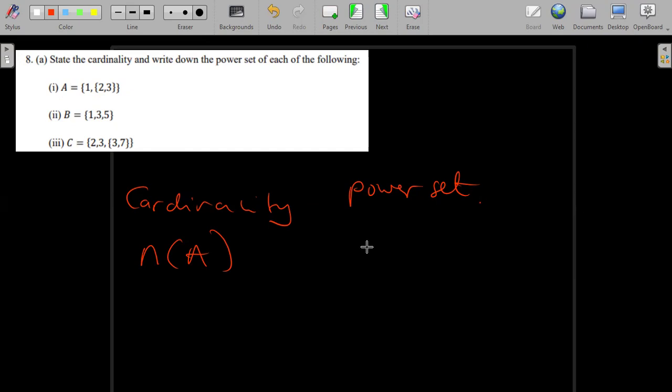And the power set of A is given by the formula 2 to the power n, where n is the cardinality.